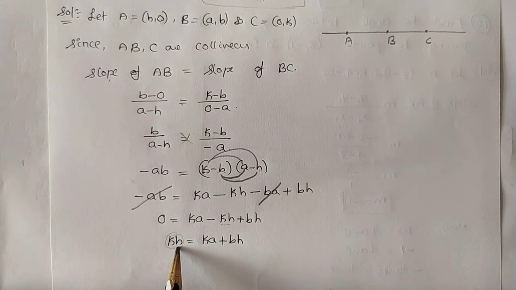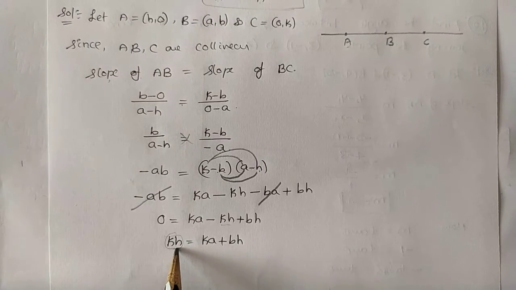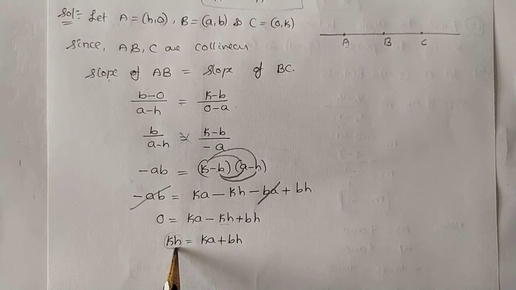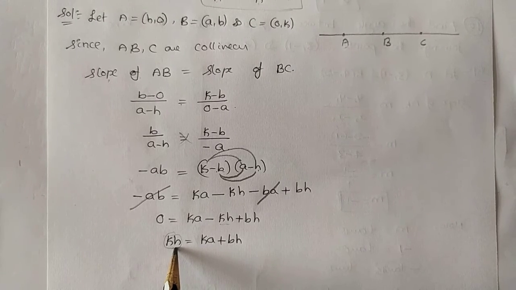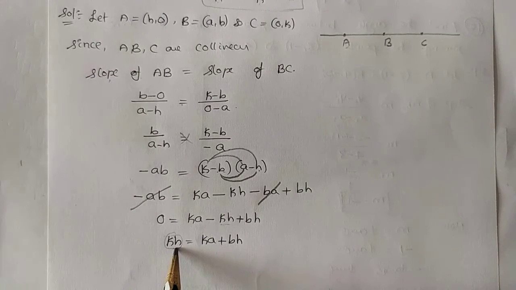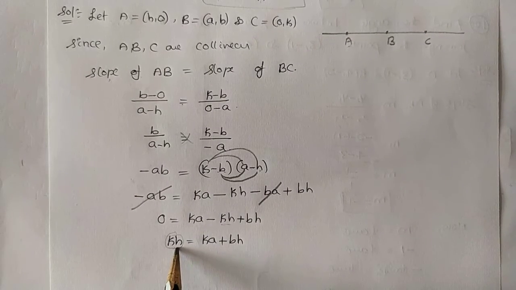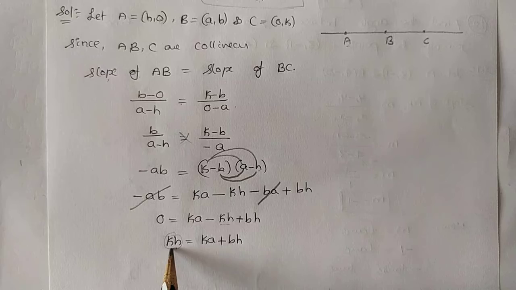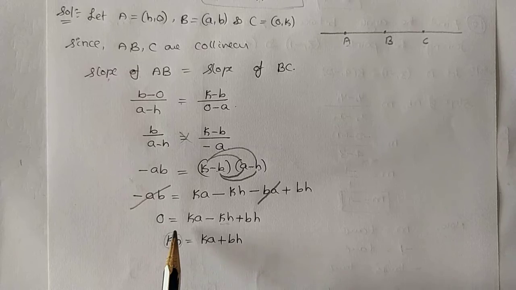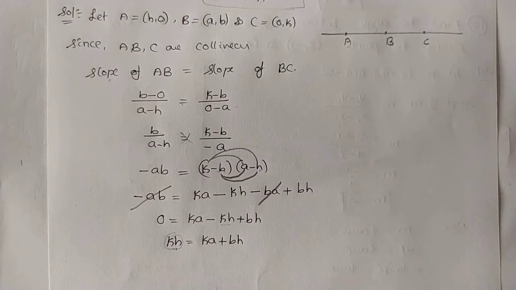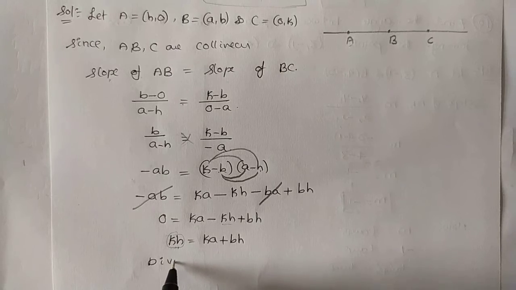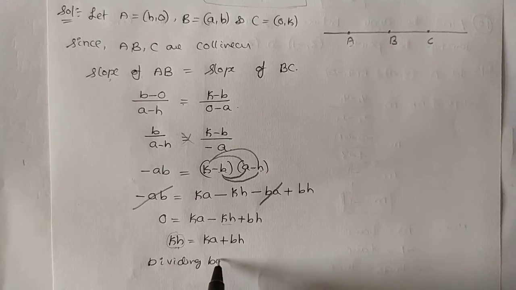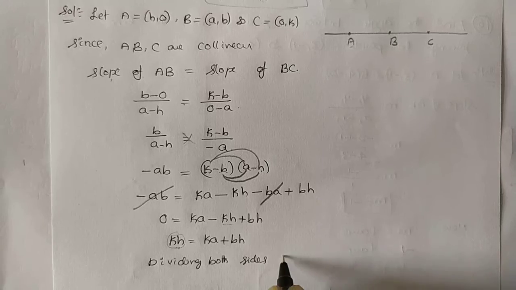We divide both sides by kh. Then this place will become 1. So I am dividing both sides by kh.